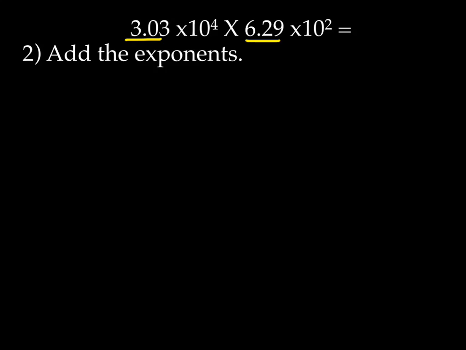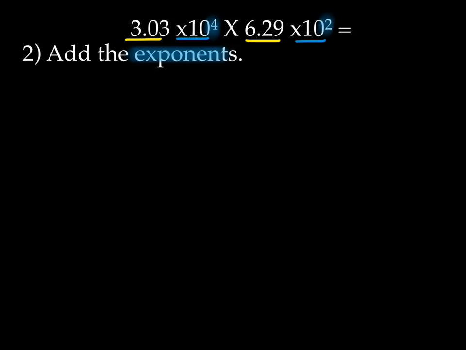We now need to deal with the rest of the numbers in the problem, and those are the exponents. If you remember from the last lecture, the exponents are the little numbers attached to the 10 that tell us how many times and in what direction to move the decimal. All right, so when you're multiplying numbers in scientific notation, you multiply the coefficients and you add the exponents.